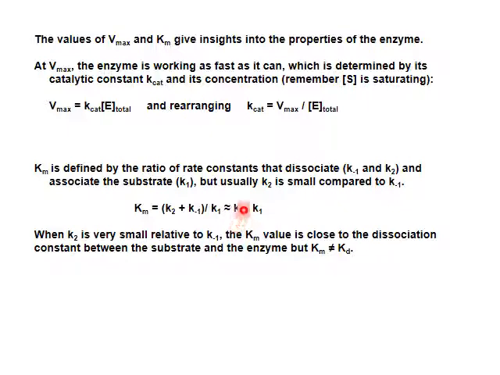In other words, the dissociation of substrate from the enzyme is related to k minus 1 in the dissociation reaction, and the association of E plus S to form the ES complex in the forward direction is related to the forward rate constant k1. So the ratio of that would be your KD. We talked about that before when we looked at equilibrium constants and other topics earlier in week 1.